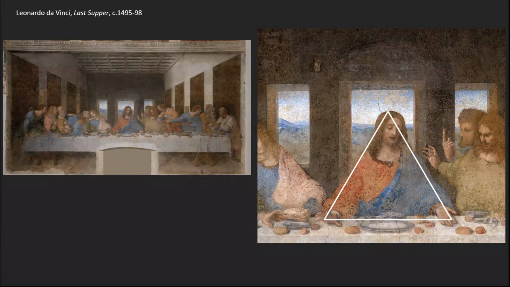We see Leonardo's interest in rational geometry, balance and symmetry, mathematics and measurement. These are all elements that can be tied directly to this prominent philosophical movement called Neoplatonism. That's a hallmark of the Renaissance.